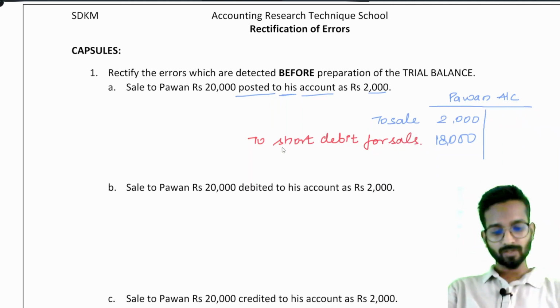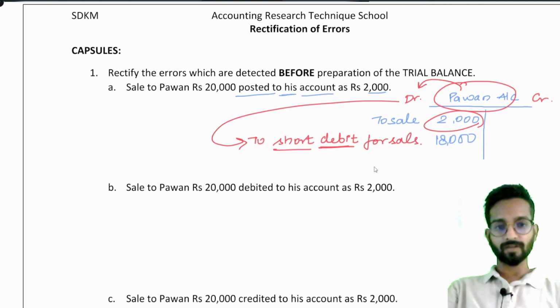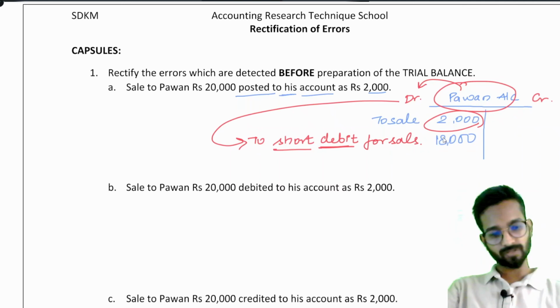Understood? See, short means because we wrote here a lesser amount, so that was short of the original amount. And then we have to debit Pawan's account. This is the debit side, this is the credit side. Pawan account debit to short debit for sales account. Why? Because we debited short; the sales account should be debited by 20,000, but we short debited by 18,000. So we are writing to short debit for sales account 18,000.